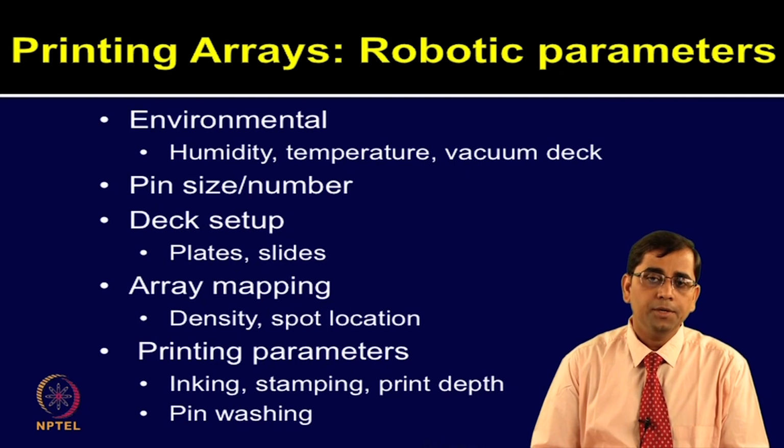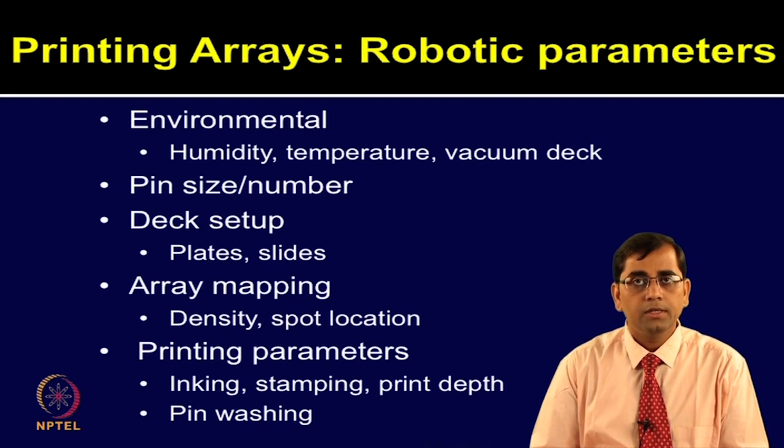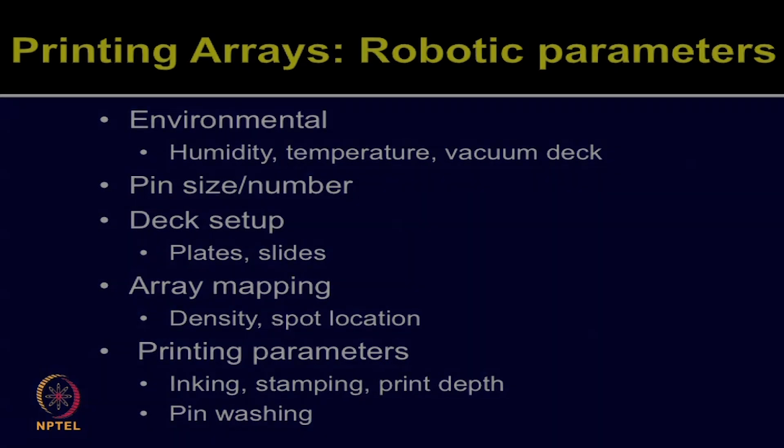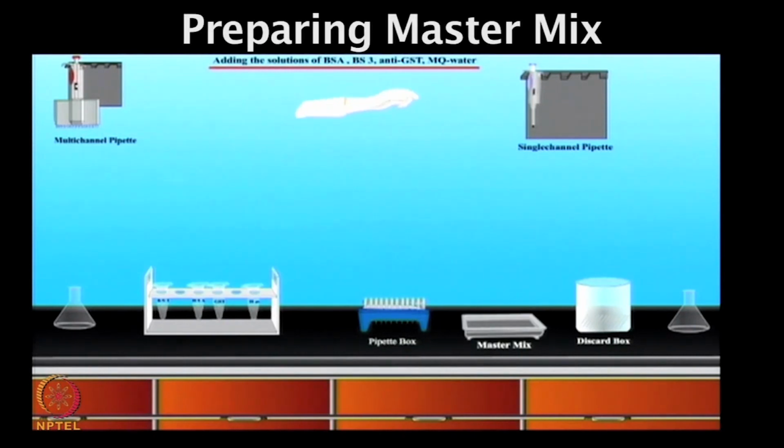Let me show you this animation to explain the procedure for master mix preparation and the steps involved in printing. So, prepare enough master mix so that you can do printing for a large number of arrays.